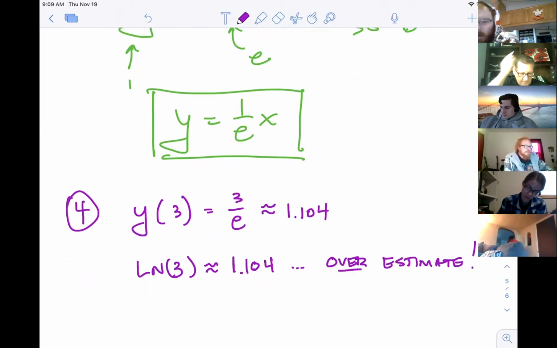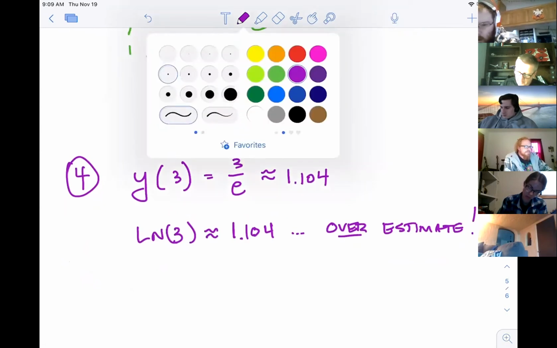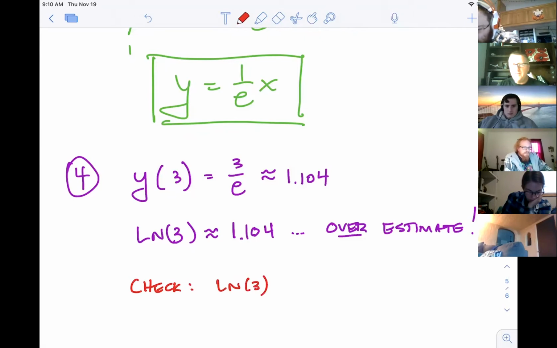So when I bust out my calculator to check my work, what is the natural log of 3? Since I have a magic machine, again, I doubt any of you know how your calculator is doing this. How does your calculator know what the natural log of 3 is, since ultimately the natural log of 3 is e to what power is 3? How in the world is it getting that?